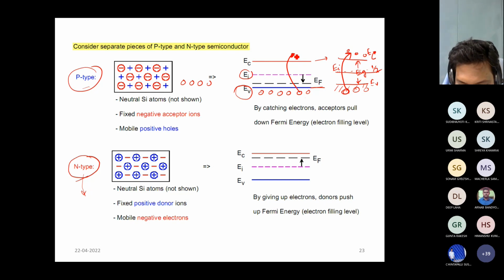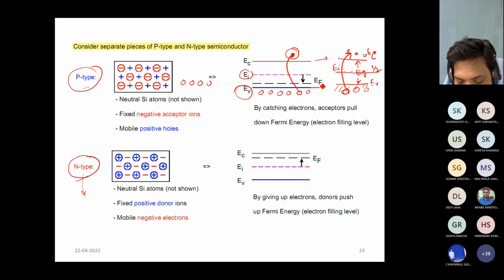So the number of holes in the valence band is now more compared to the number of electrons in the conduction band. Now, to make equal probability of the Fermi energy with respect to electrons and holes, to make it 50%, what do you have to do?